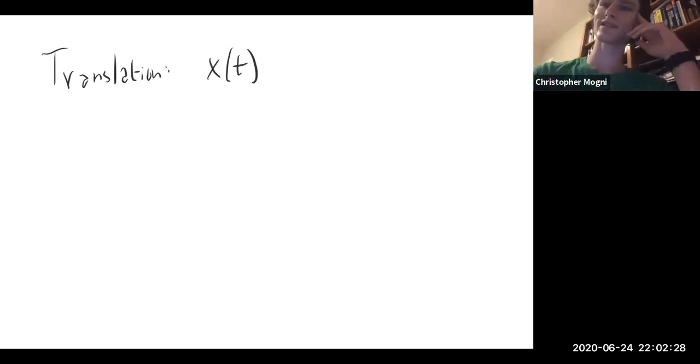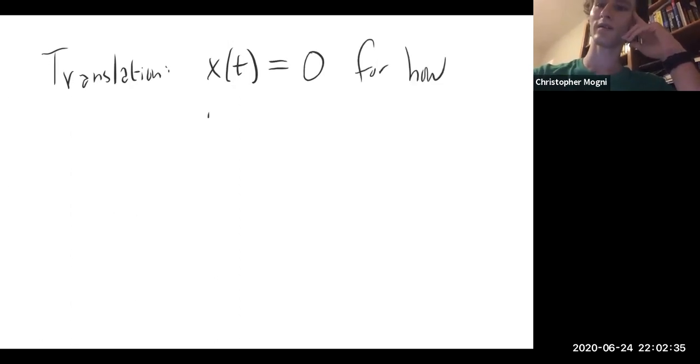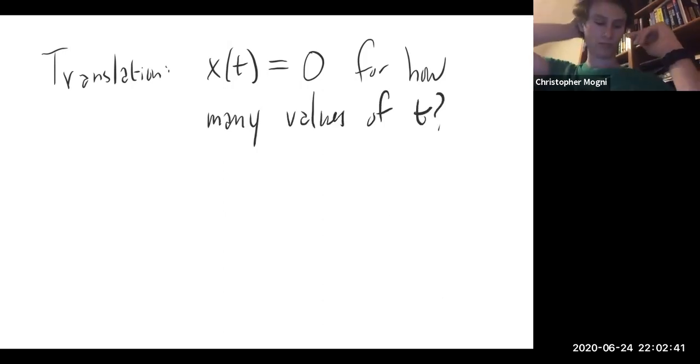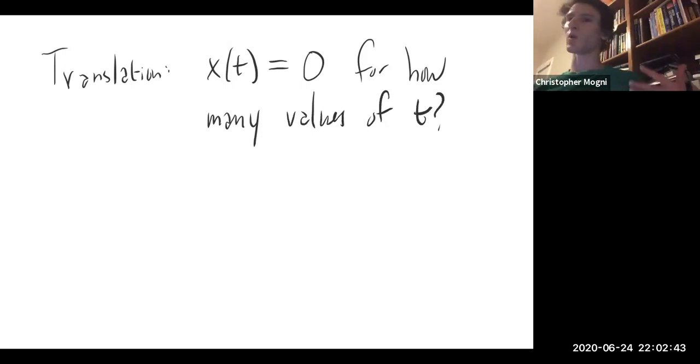And so what they're really asking is for how many values of t is x of t equal to 0. And so if there's only one or no values of t in which x is equal to 0, then we have proven the case that we want to prove for critically damped or overdamped systems.